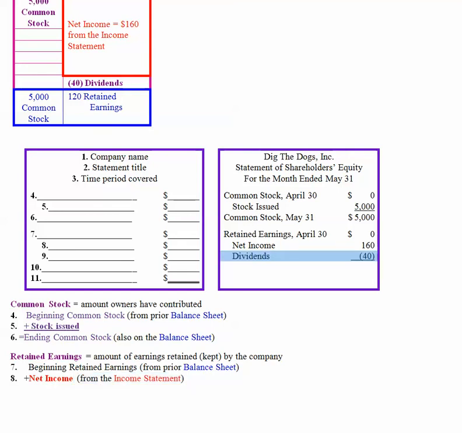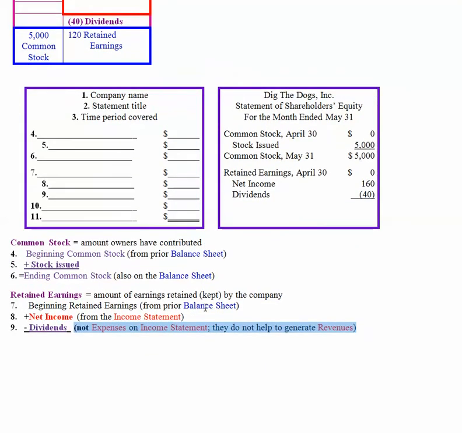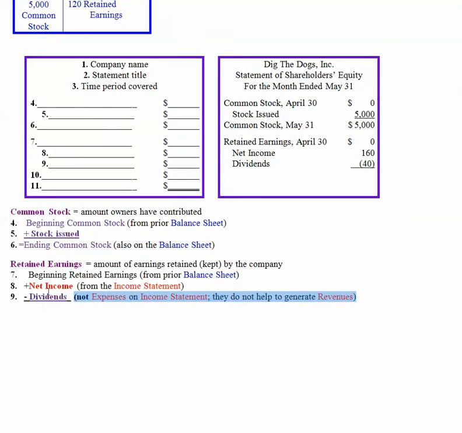Then what you do is you subtract your dividends. So number 9 is dividends, and it's going to basically be the earnings that you aren't retaining. You're basically giving it to the owners. It's important for you to understand that dividends are not the same as expenses that are on your income statement. Dividends are not on the income statement, and that's because they're not costs that are helping to generate revenues.